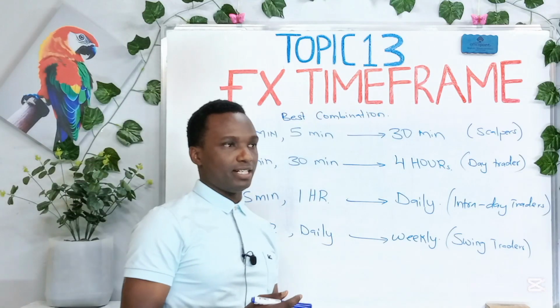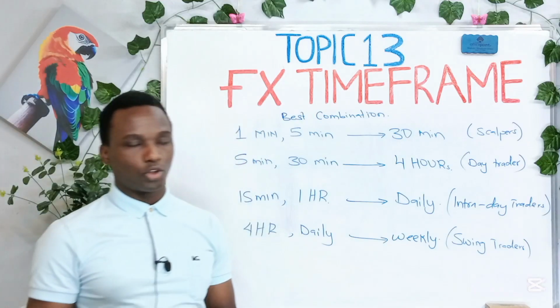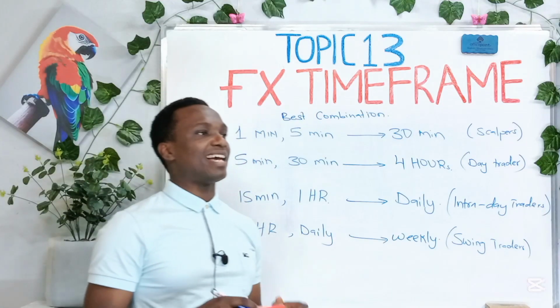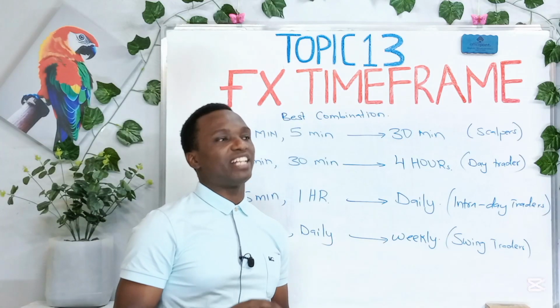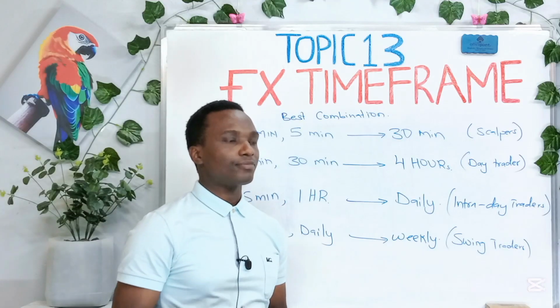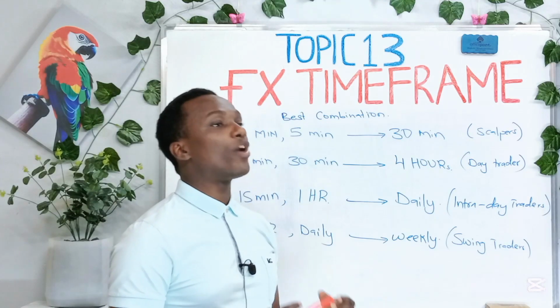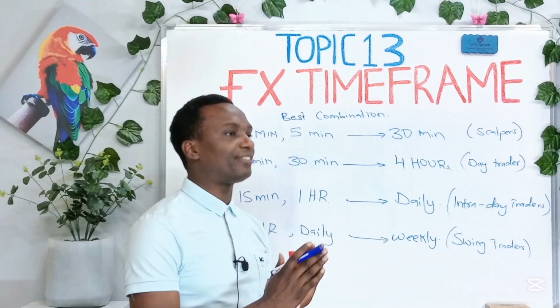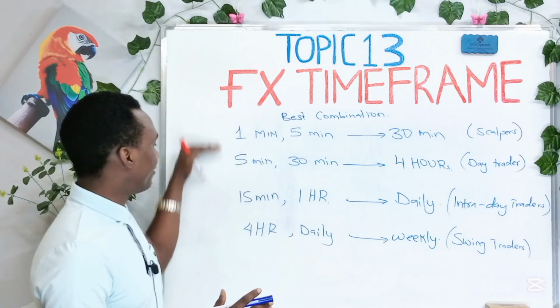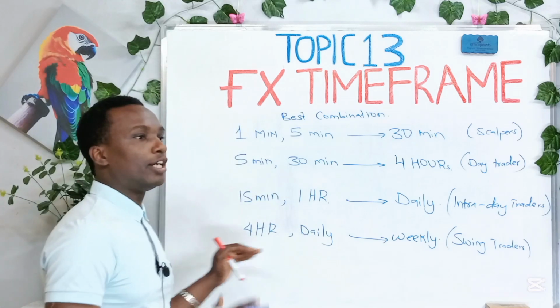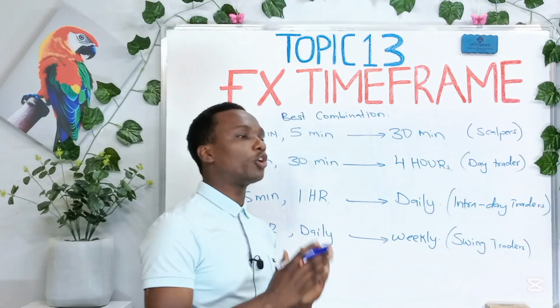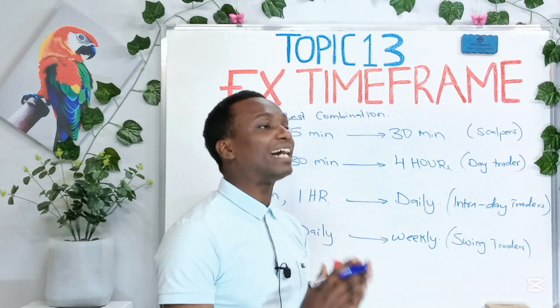So, as I said earlier, multiple time frame analysis describes a trading approach where the trader combines different trading time frames to improve on decision making and optimize their chart analysis.